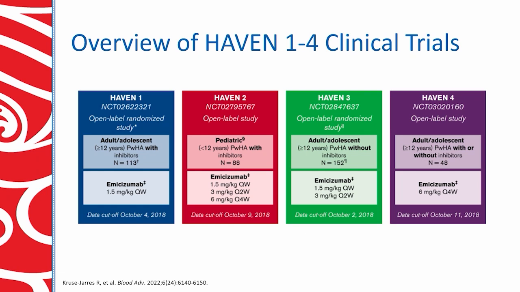That was HAVEN 1. HAVEN 2 focused more on the pediatric population. HAVEN 3 included patients without inhibitors, and HAVEN 4 focused on a less frequent treatment regimen. Emicizumab was given every 4 weeks.